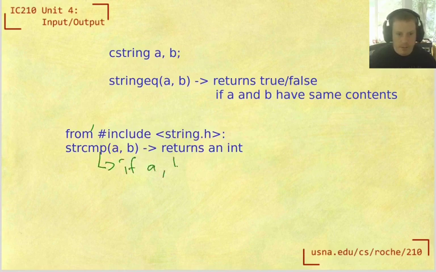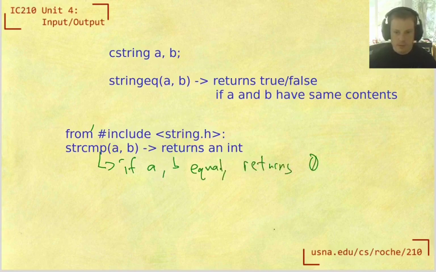If A and B are equal, then it returns 0. So it's kind of the opposite in that sense, because string equal returns true if they're equal, and true is like 1 and false is like 0. So when this one returns 0, that's kind of like saying that they're not equal. And strcmp works in the opposite way, that if the two strings are equal, then it returns 0.